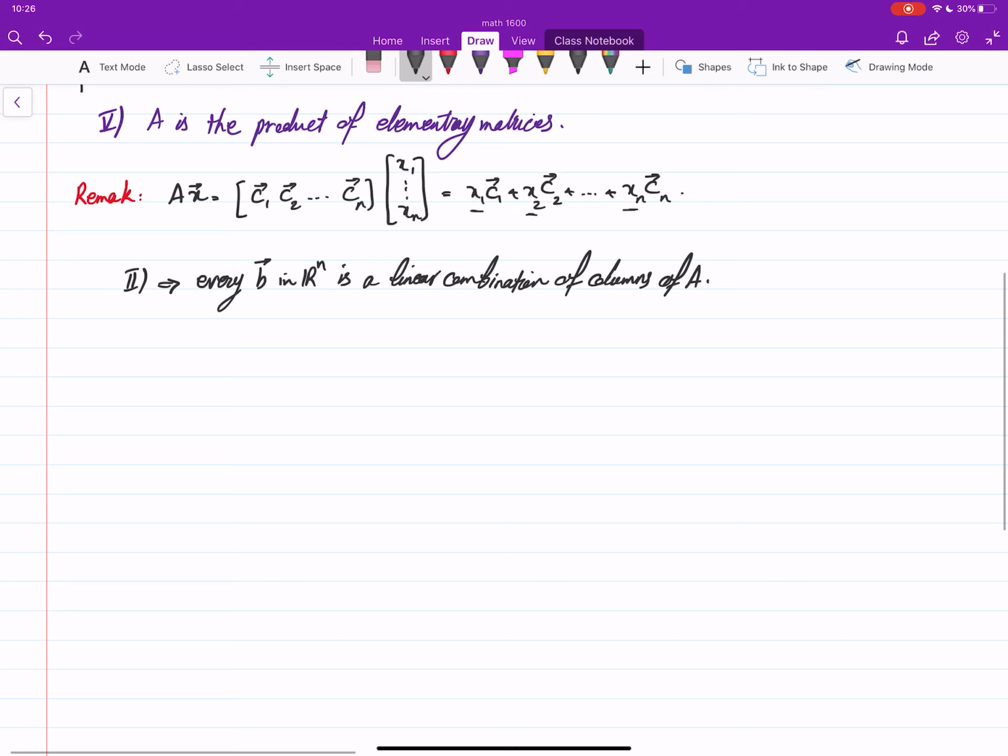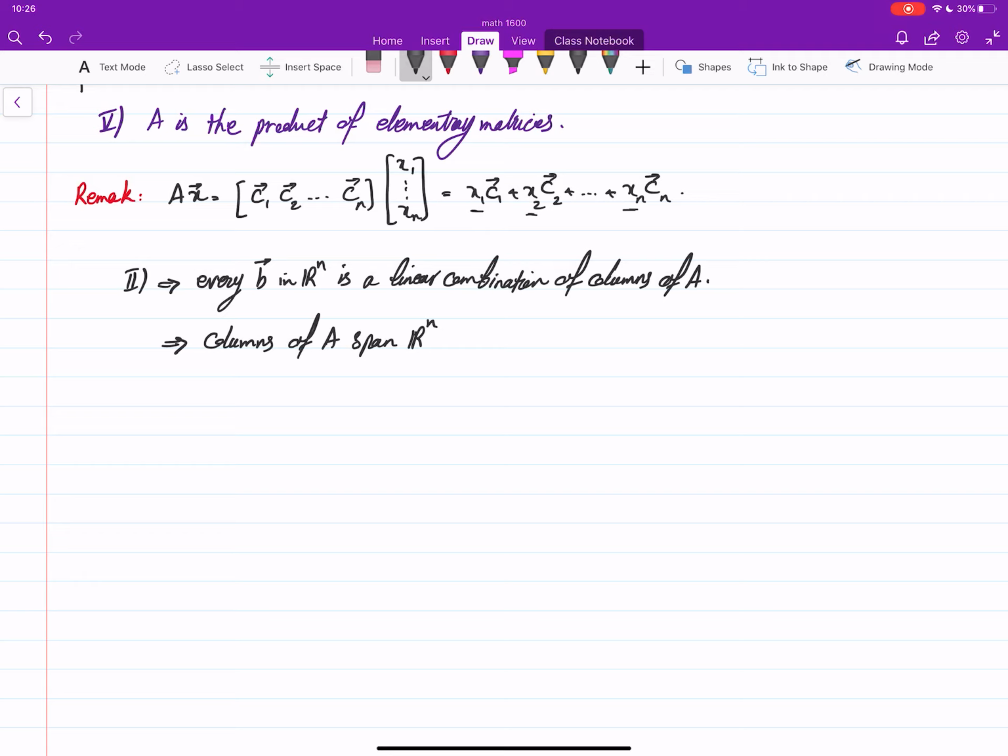So every vector can be written as a linear combination of the columns of A. The fancy word for that was that the columns of A span the whole Rn. Yes? So it spans the whole Rn.